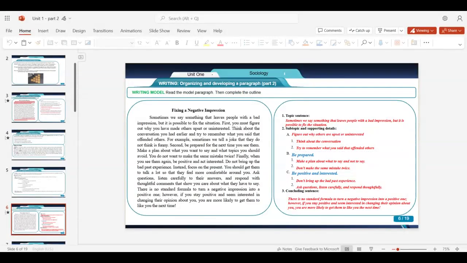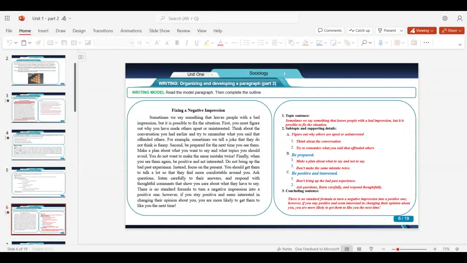Further detail: think about the conversation, try to remember what you said that offended others. And then we have here: be prepared. This is the second point, the supporting sentence. For this we have: make a plan about what to say and not to say. Don't make the same mistake twice.